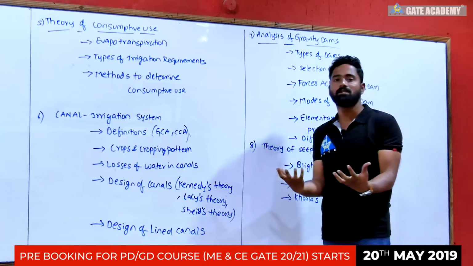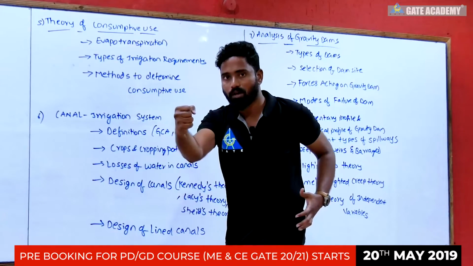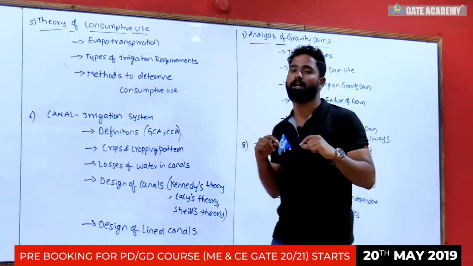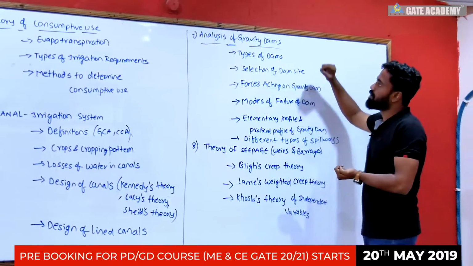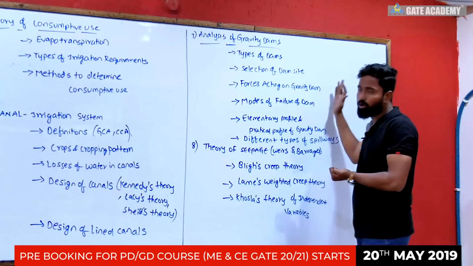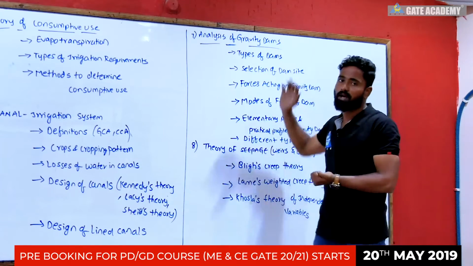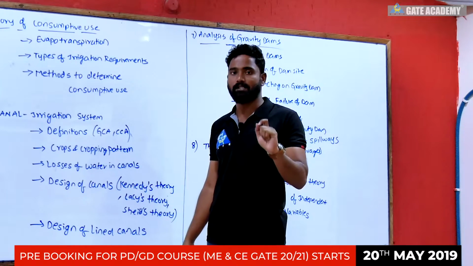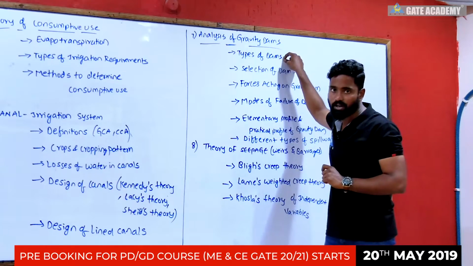What does gravity dam mean? In a gravity dam, the force applied is resisted by its self weight. That is called a gravity dam. How it is going to resist and all the other things we will be discussing in gravity dams. Here we will be discussing gravity dams, and I will also discuss the design of arch dams.